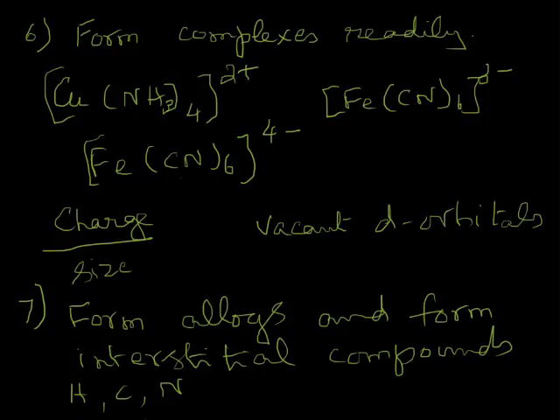The presence of these atoms in the interstices actually reduces the malleability and ductility of the metal, but increases the tensile strength of the metal. You know, steel is much stronger than iron. That is because of the presence of carbon in the interstices, which increases the hardness of the metal. It will retain electrical and thermal conducting property also, but it will be less malleable and ductile. So this is about formation of interstitial compounds by transition metals.